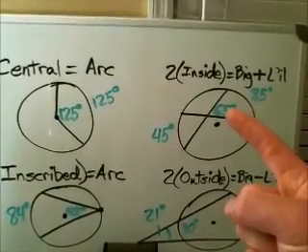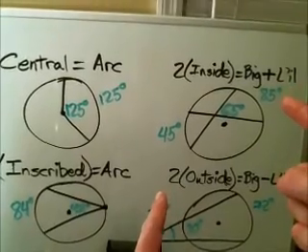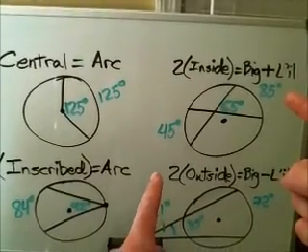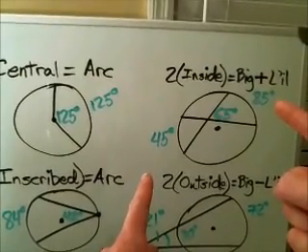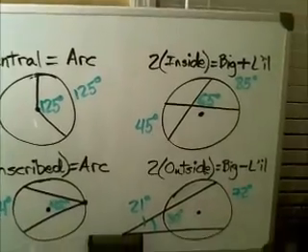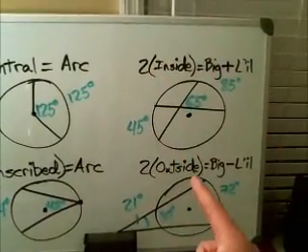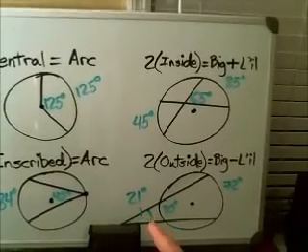Now, if I were to double that inside angle, I would find the sum of the 2 opposite arcs. So if I know those 2 arcs, add them together and divide by 2, and I will find the measure of that inside angle. Lastly, the fourth one had to deal with these outside angles because the angle was found outside the circle.